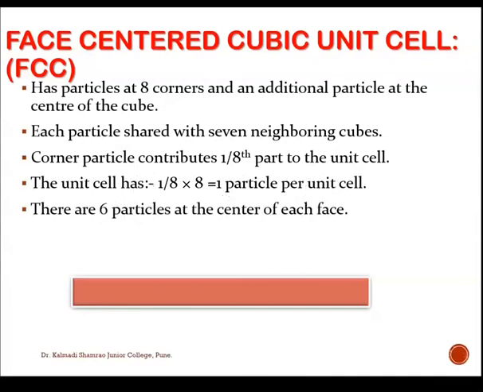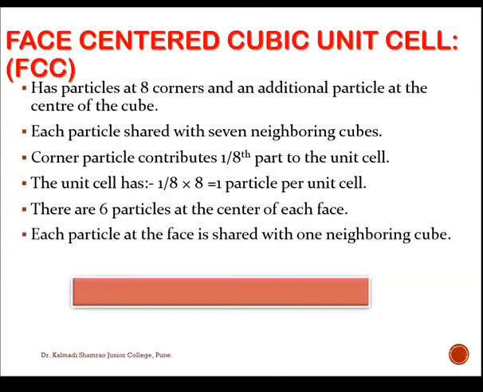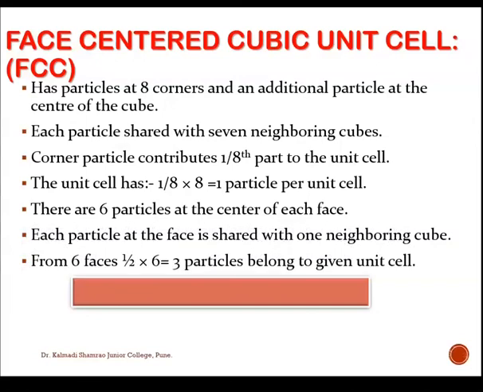There are 6 particles at the center of each face. Each particle at the face is shared with one neighboring cube. From 6 faces, 1/2 into 6 is equal to 3 particles belong to the given unit cell. Thus, the total particles in the face-centered cubic unit cell are 1 plus 3 is equal to 4 particles.